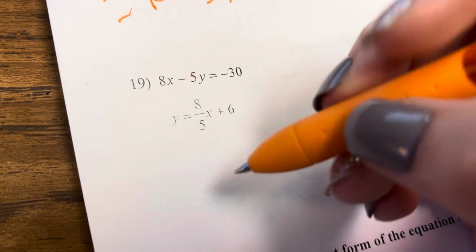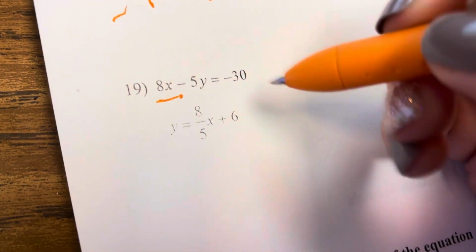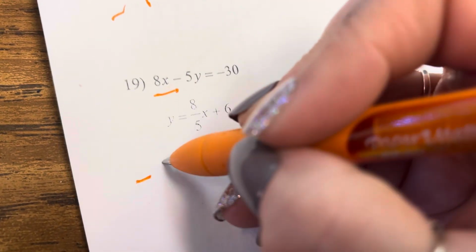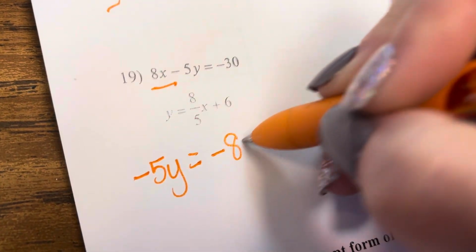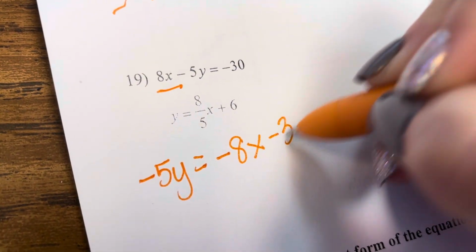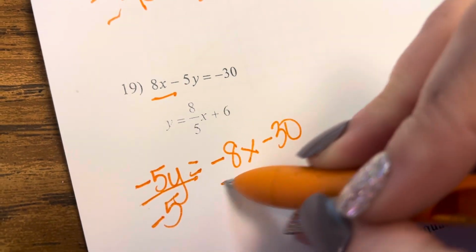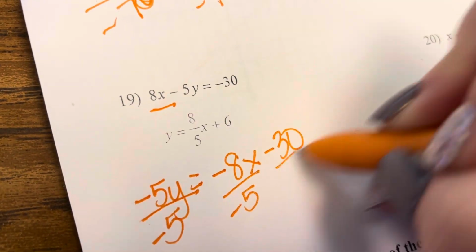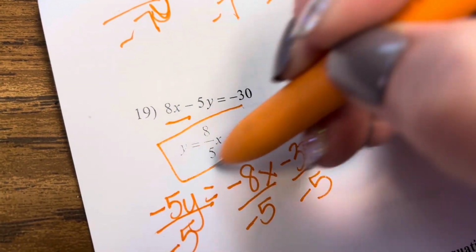In this case, I'm going to move that over. I'm going to get -5y equals -8x minus 30. I'm going to divide by -5. Then I get this answer right here.